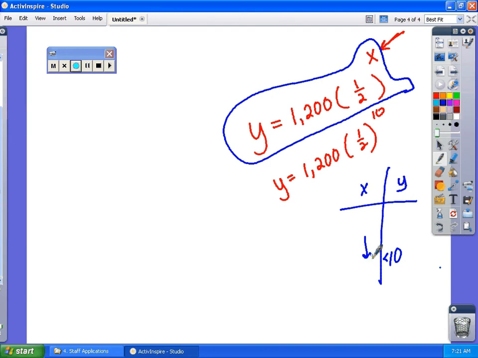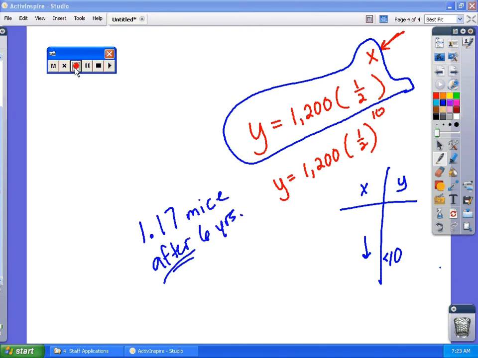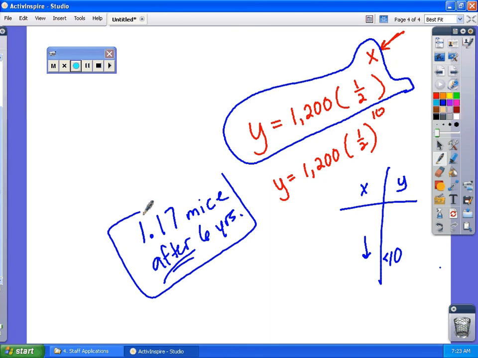Whatever the x is, that's your answer. What we found was that the last answer was about 1.17 mice, or about 1. And the second answer, after 6 years, or at the 7th year, is when the number of mice is under 10.